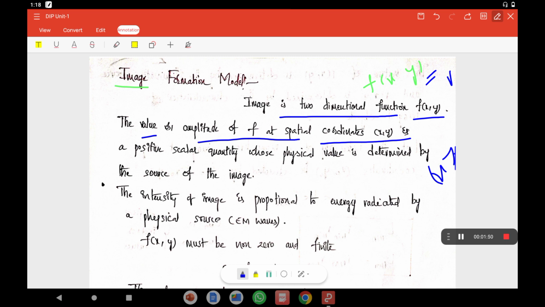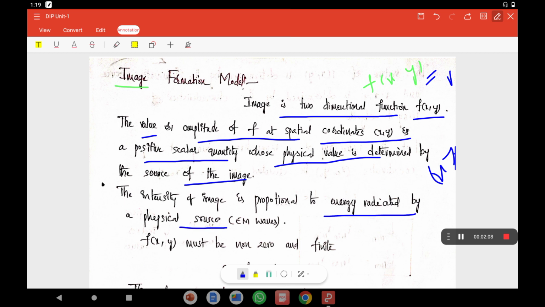So that means f of x comma y is a positive scalar quantity whose physical value is determined by the source of the image. That means the value of the corresponding intensity is determined by the source of the image only. As well, the intensity of an image is directly proportional to the energy radiated by the physical source.